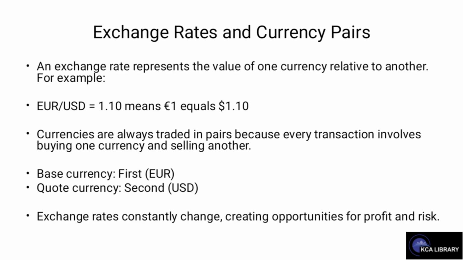So 1.1 for euro means $1 equals 1.1 euro. It means that for every $1, it is exactly 1.10 euro.